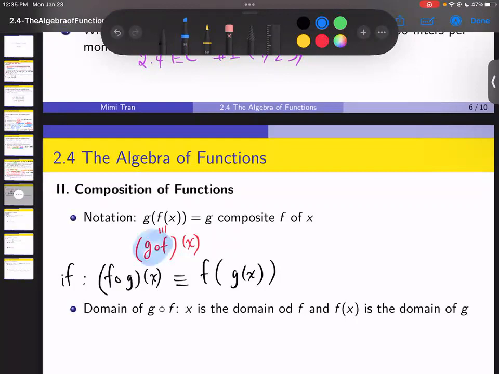I use the notation. Your job is to use a different notation. Not because I'm mean, but because in mathematics, everywhere you go on the exam, that's how they use it. I just try to get you used to it.